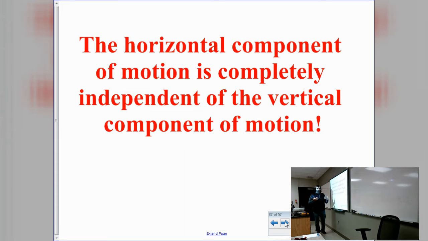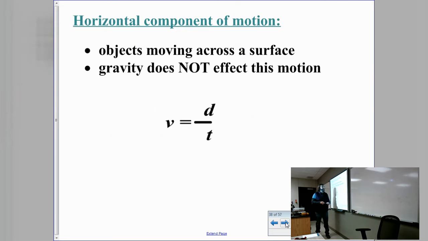How it's moving left and right does not affect how it's moving up and down. So how is it moving left and right? That's the object moving across the surface horizontally, and gravity doesn't affect its motion. It is not accelerating. It is moving at a constant velocity.